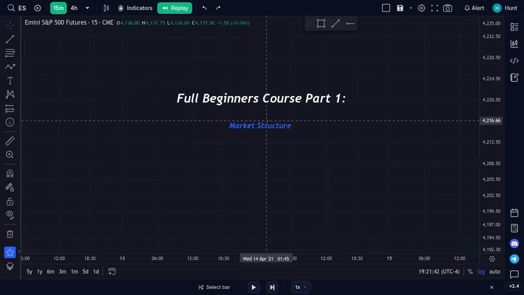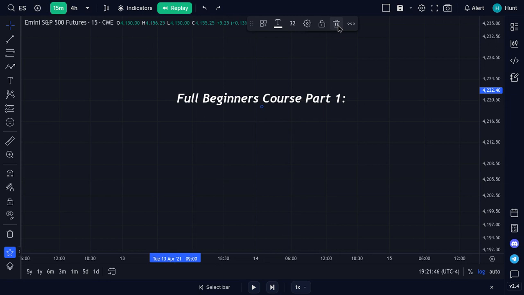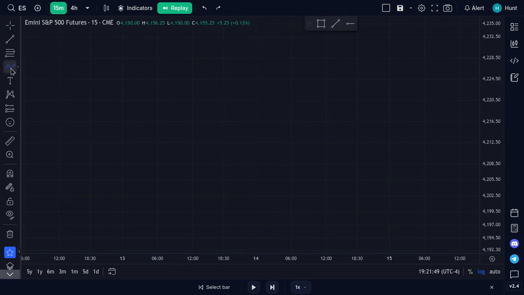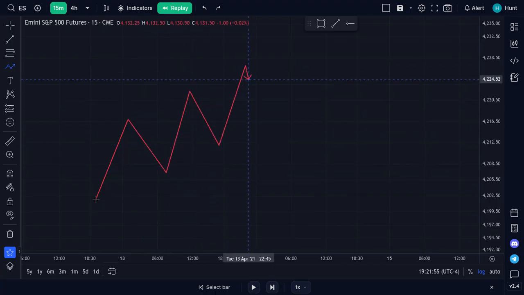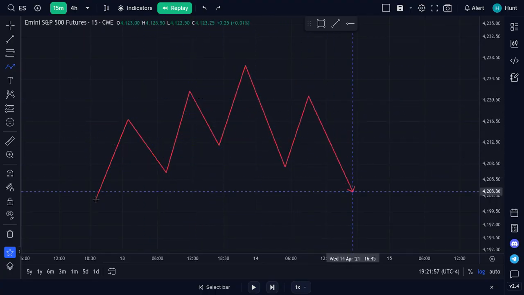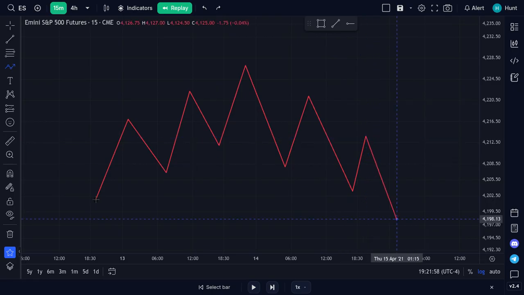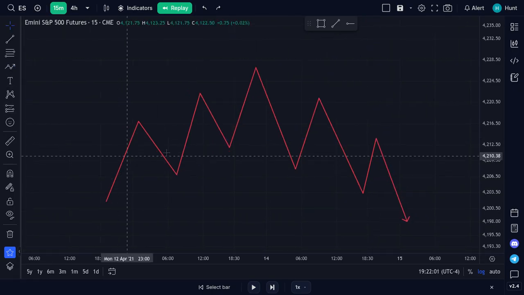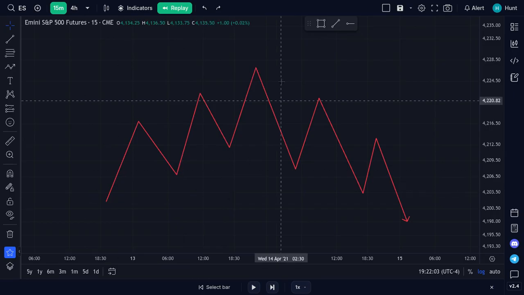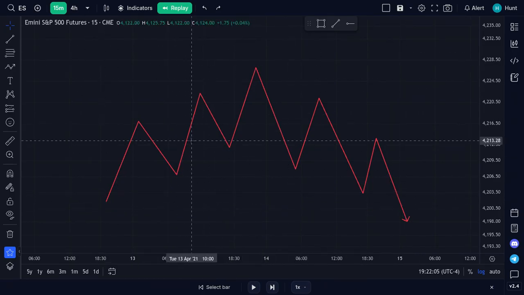So we're going to get rid of all this stuff right here, and I'm going to draw out a simple diagram of highs and lows for you guys to look over. So we're just going to do something like this. This is a basic form of a chart, right? So now if you're looking at a chart right here, where would the highs and lows be?